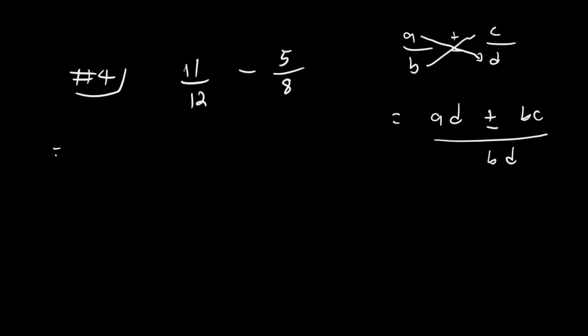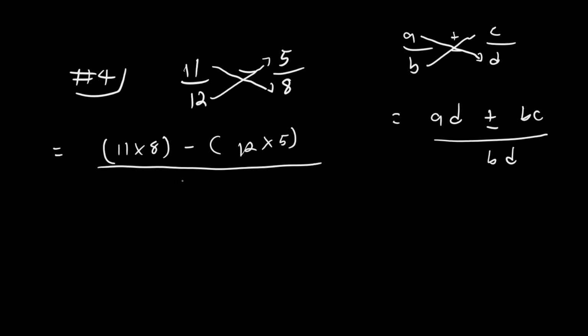So in this problem, let's cross multiply 11 times 8 minus 12 times 5, all over 12 times 8.